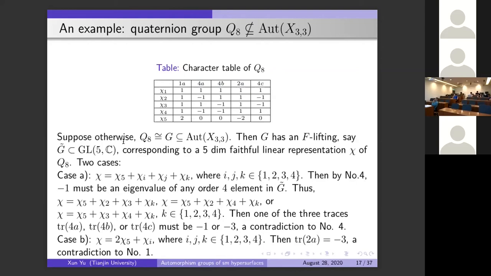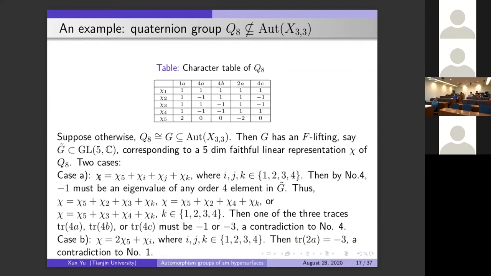And now suppose otherwise Q8 can act on some cubic threefold, then by our theorem, there is an F-lifting, say G tilde in GL5, that of course corresponds to a 5-dimensional faithful linear representation, say chi, of the group Q8. Then divide into 2 cases.